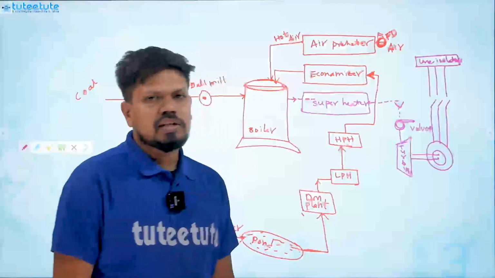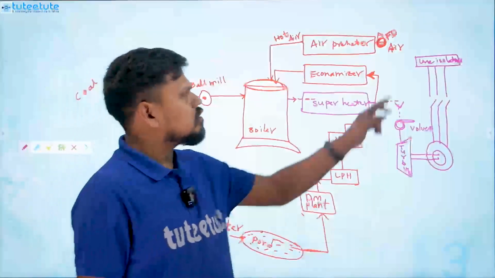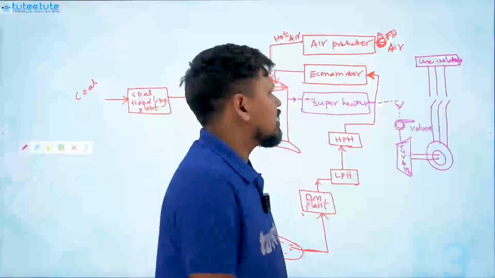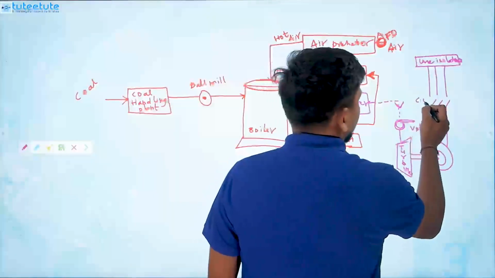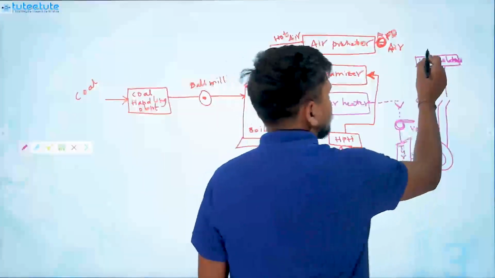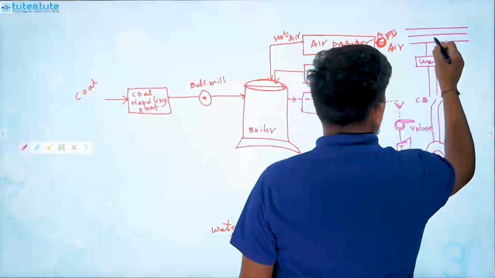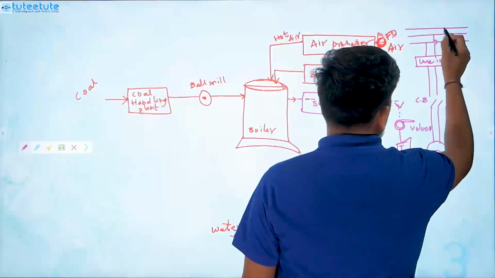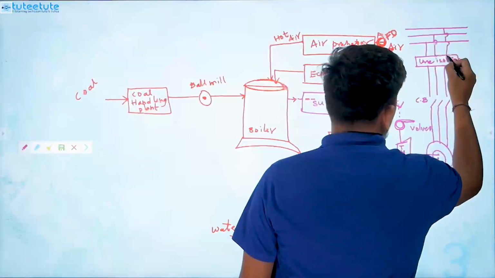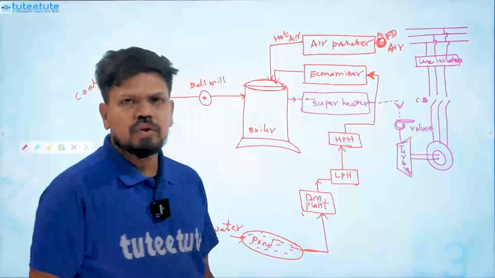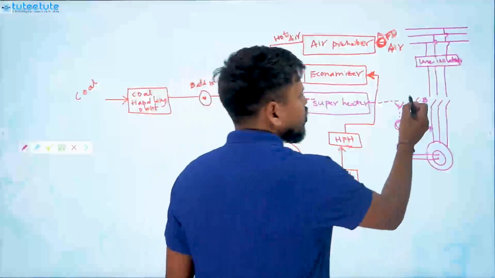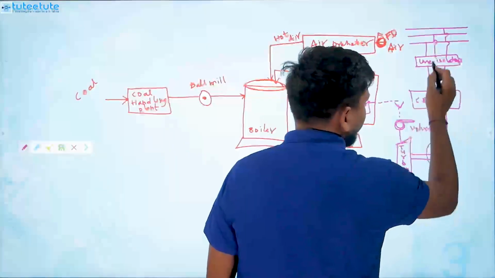These are also protecting elements only. Just like our circuit breakers, we have to use line isolators also, and we have to send the power through the grid. Okay, so whatever power is generated we send to the grid. Once you have sent it, that power we can use. So this is the circuit breaker and we have the line isolator.